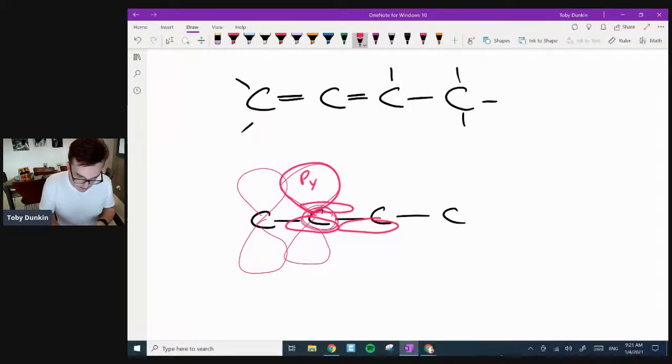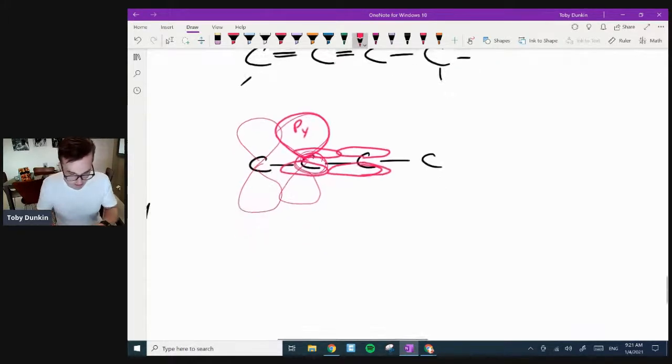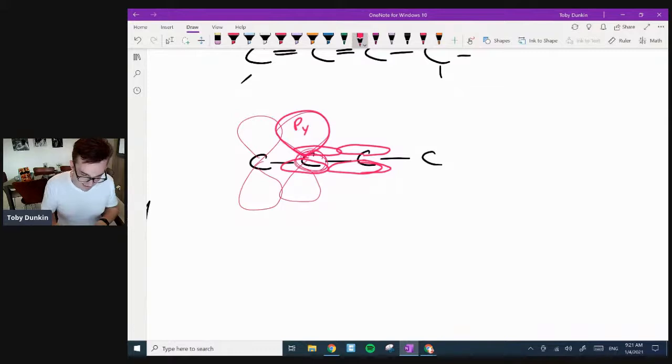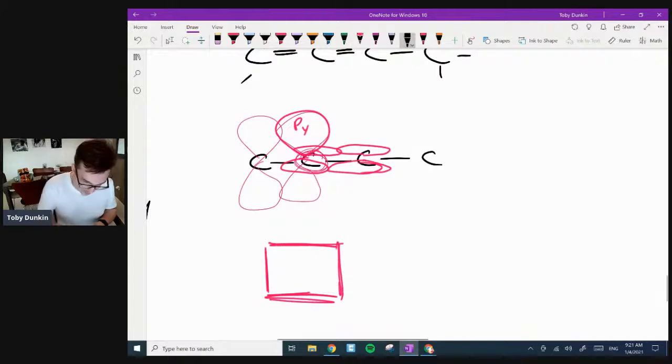So this is like horizontal, really hard for me to do this without a model. Molymods are amazing for this, by the way. So what you actually have, to make this clearer, is this vertical overlap in the carbon atoms, which is this one here.